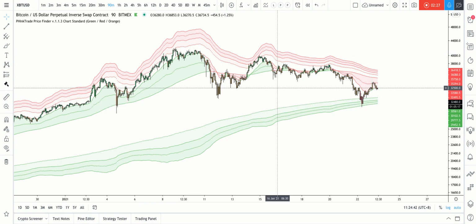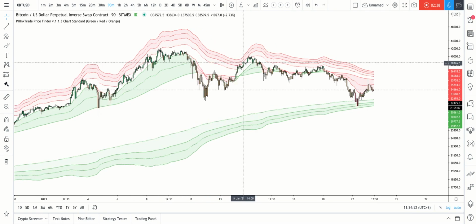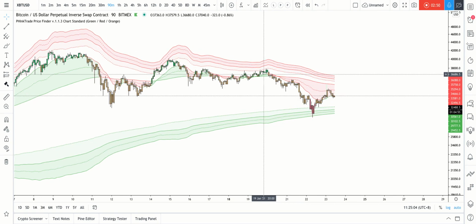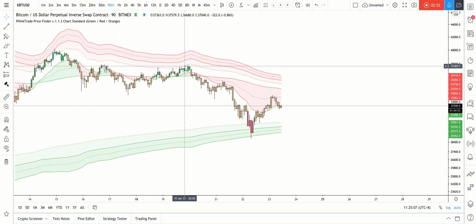Even here, since we were trying to test the all-time highs, the upper limit was not enough to hold price, at least for some time. But again, it eventually became strong and sent price back down. So this is really how these bands work.